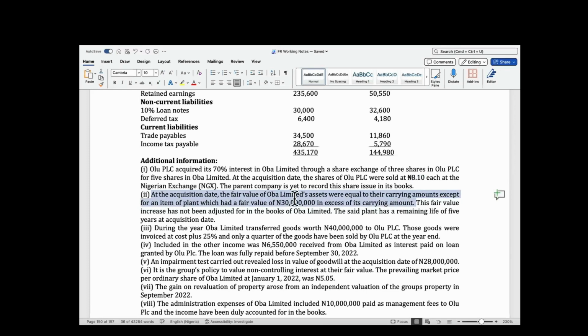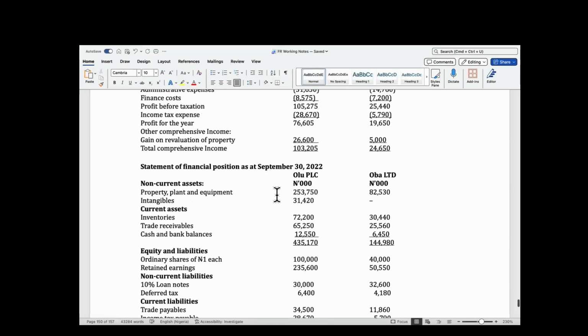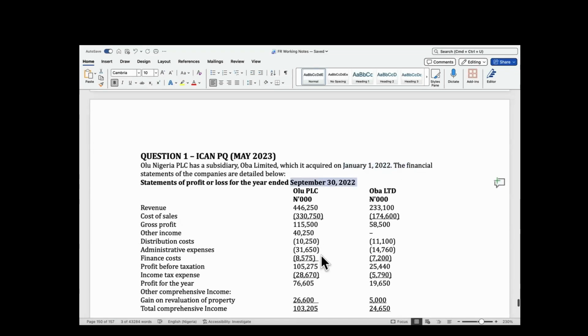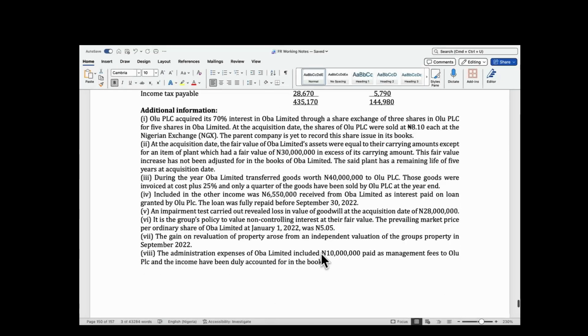So this 30 million is the fair value uplift, and there will be additional depreciation you need to compute on it. It has always been like that. They said this fair value has not been adjusted in the books, so we adjust it. The plant has a remaining life of 5 years. What they are telling us is just to do 30 million over 5 years. Since we acquired the subsidiary in January and its year end is September, we just do 9/12 of that to get the additional depreciation.